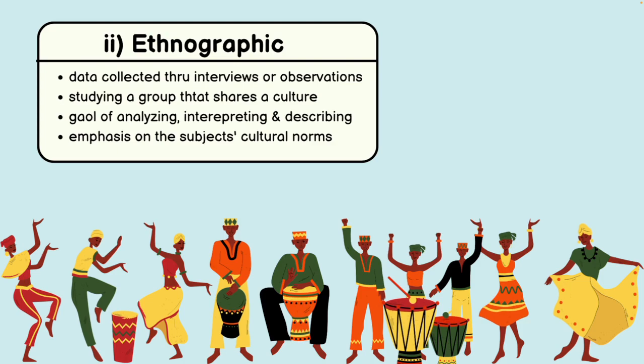And so the goal is to gather information to understand and to describe and to analyze information related to that group's culture and understanding the cultural norms as it affects the process of education, the learning of the students. What are some of the things that their culture believes that influences the way that they approach learning and education?